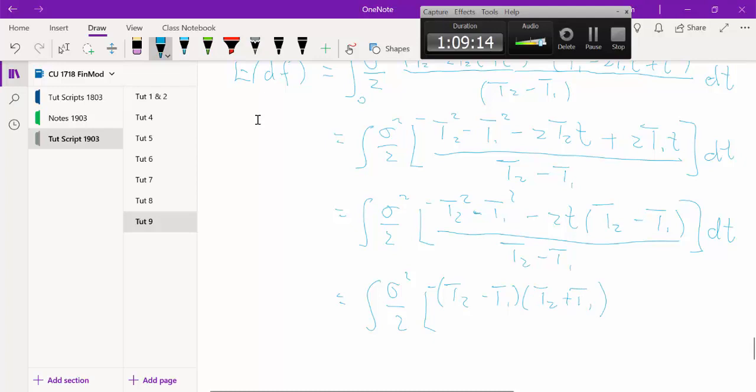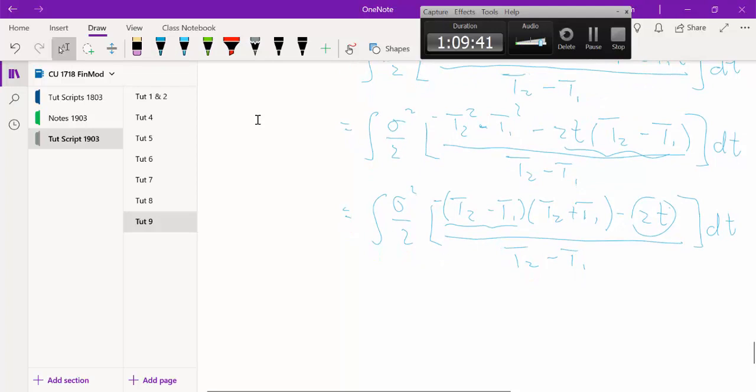You can kind of see where this is going. Minus 2t. This minus 2t multiplied by this term is actually the same as this one here, okay? All divided by T2 minus T1 dt.